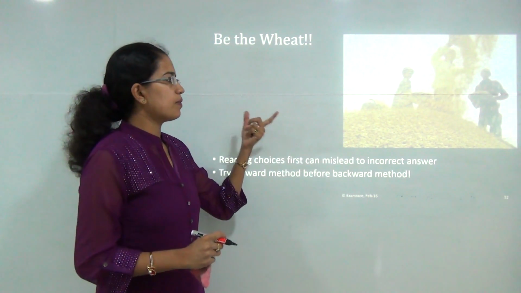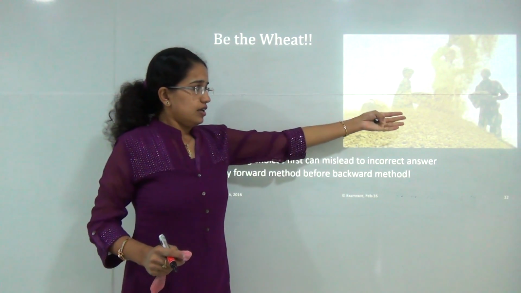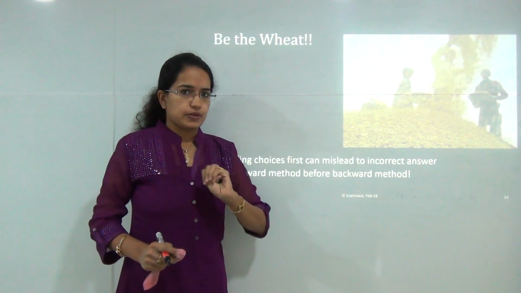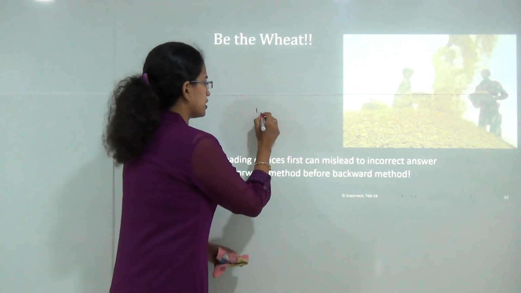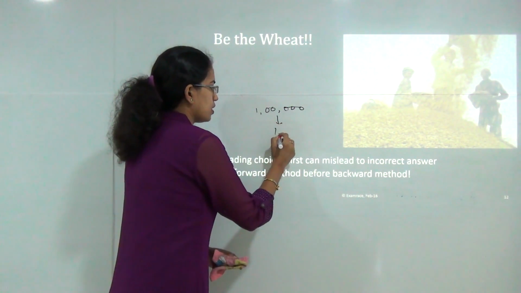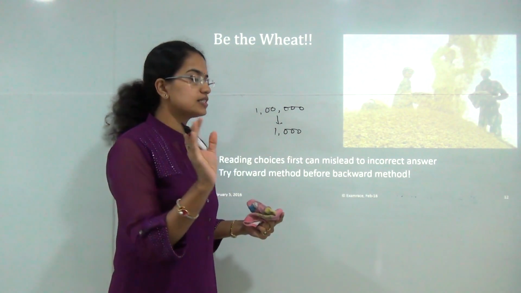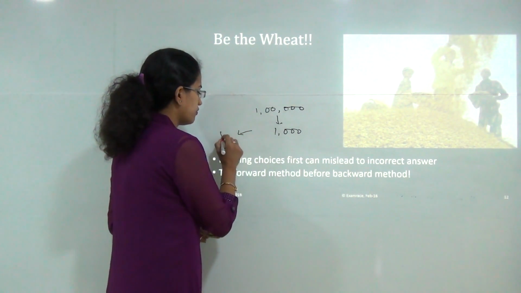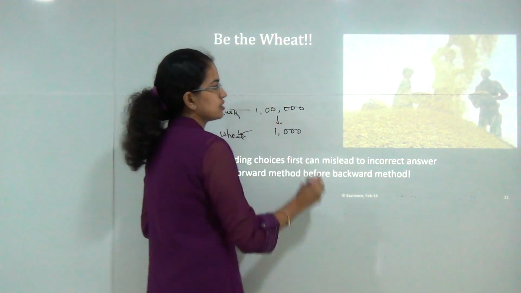Now it's very important to be the wheat. What does that mean? What is the examiner trying to do? There are, say, 1 lakh aspirants appearing for the examination. The seats are 1000. What is the examiner trying to do? The examiner is trying to separate the wheat from the husk.